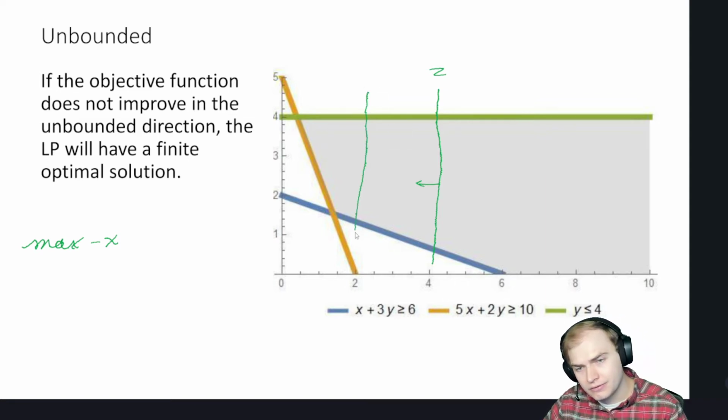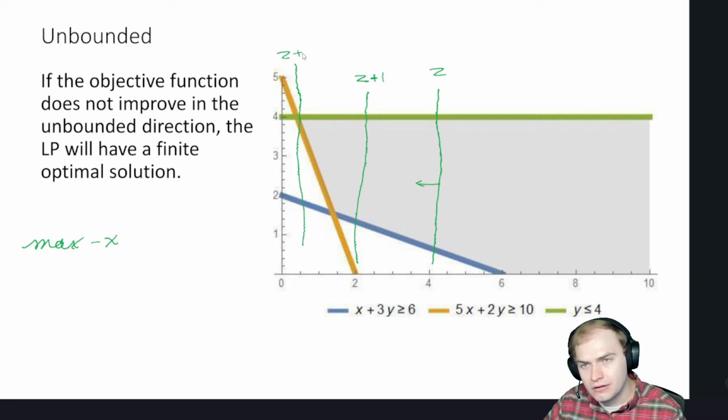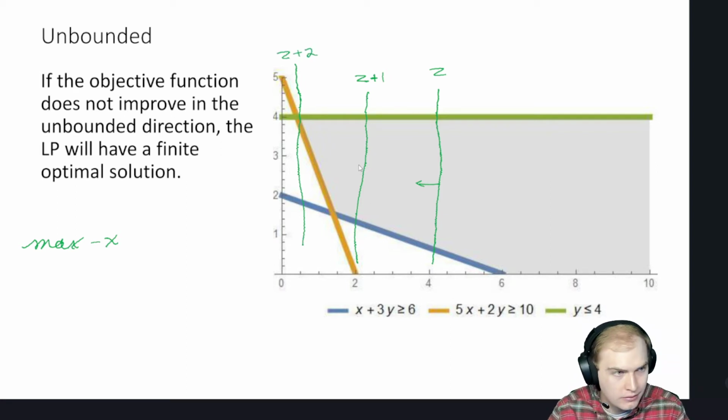And we have level sets z plus 1 and ultimately z plus 2, and we run into an extreme point that is our optimal solution.